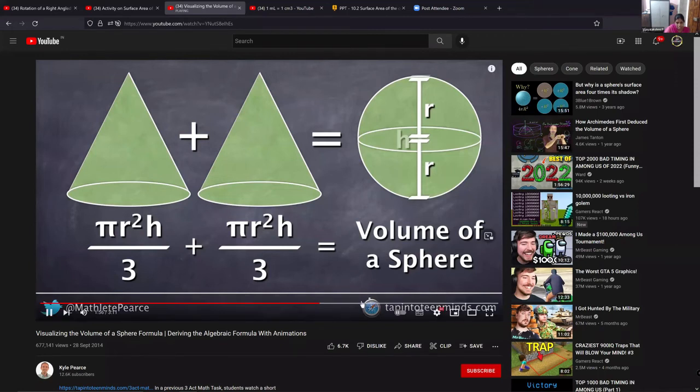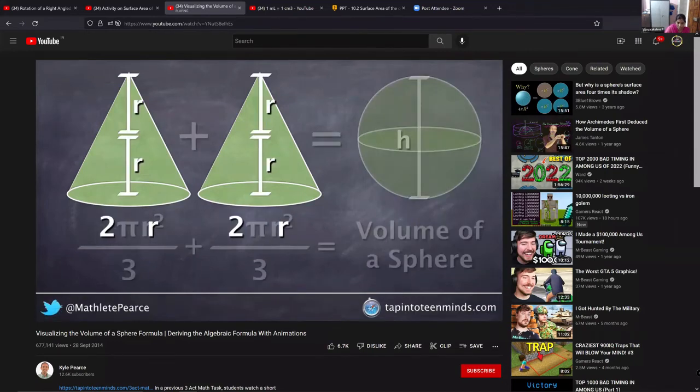So replacing h as 2r, you could see here, that will be equal to 2 pi r cube by 3 plus 2 pi r cube by 3. That is equal to 4/3 pi r cube.